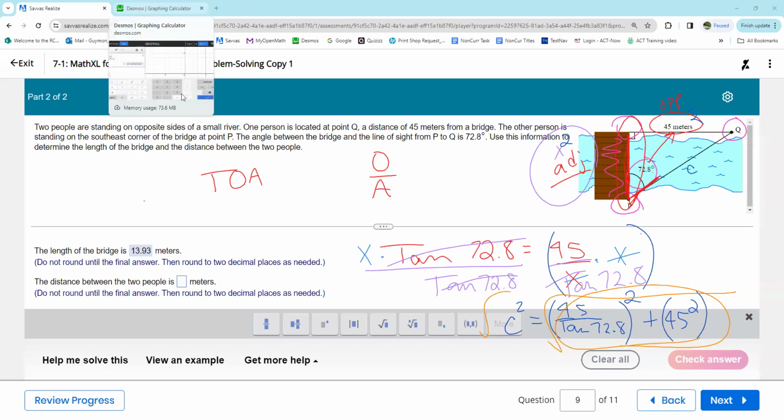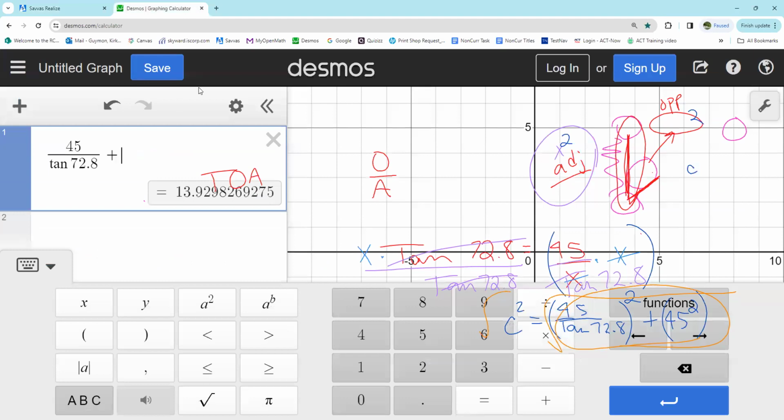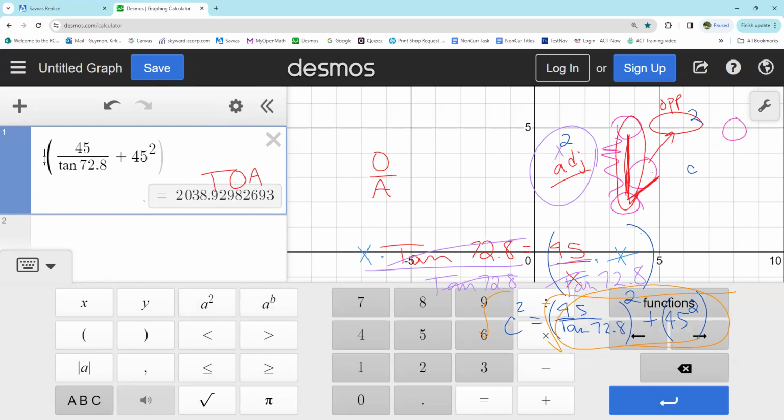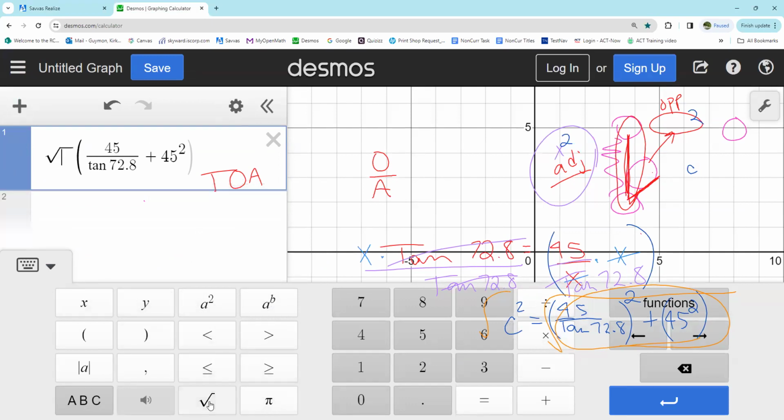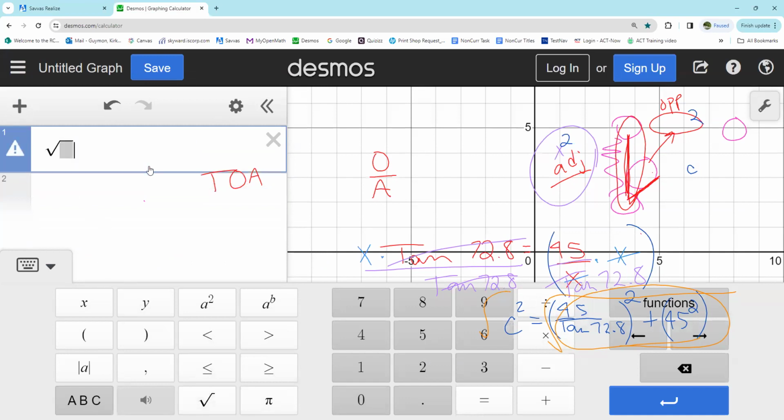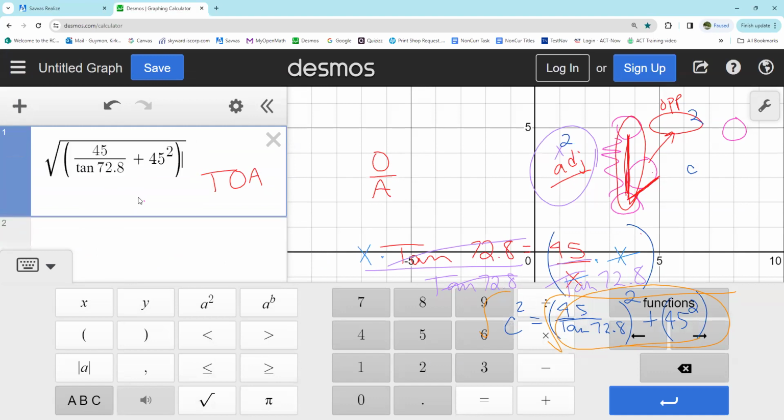So add the 45 squared onto here. And after we have the 45 squared, we need this whole thing under a square root. So take that whole thing. Let's see if we can just put that square root out here in front, if it'll go over. It didn't, but let's see if I highlight, cut it, and paste it under there.